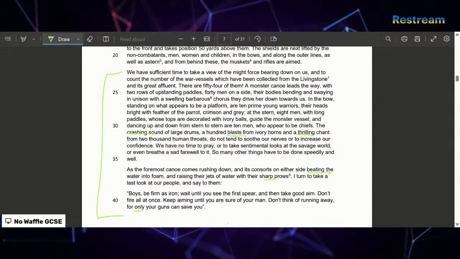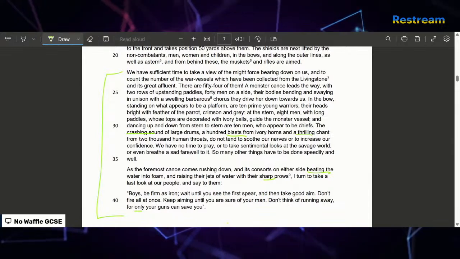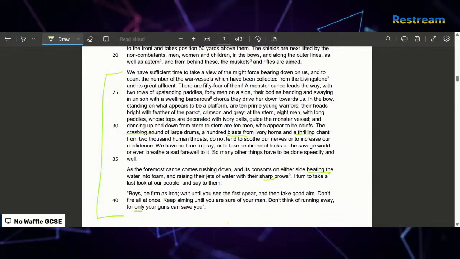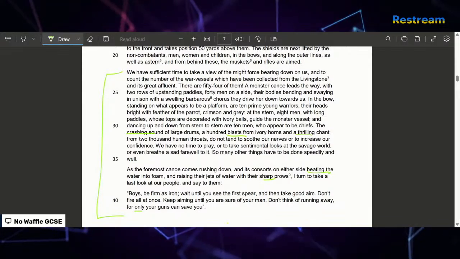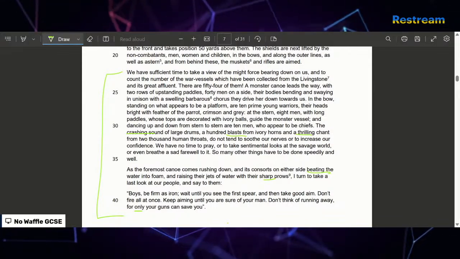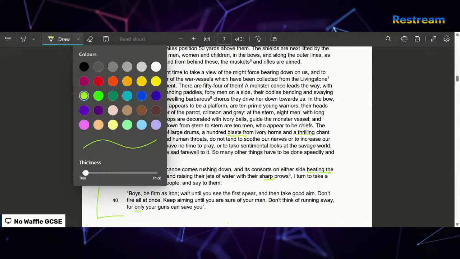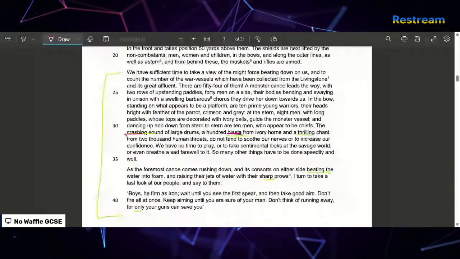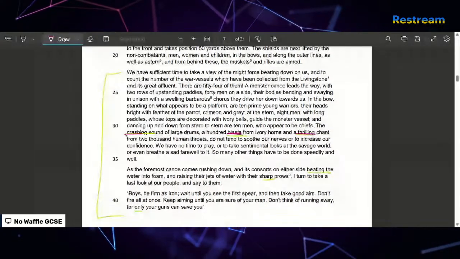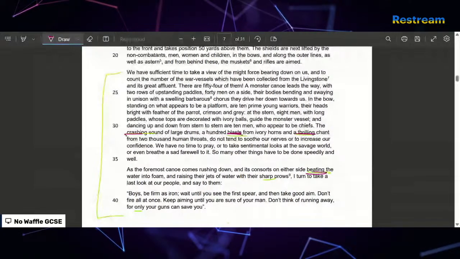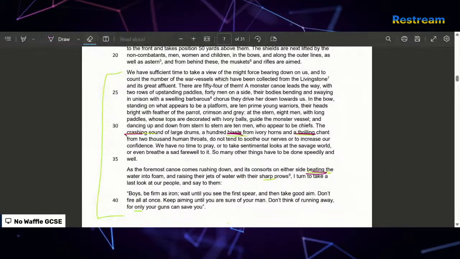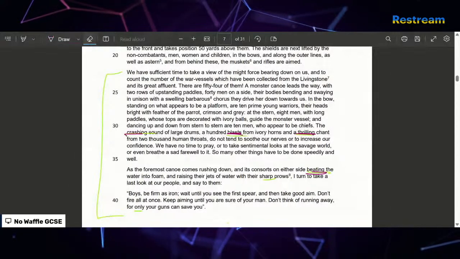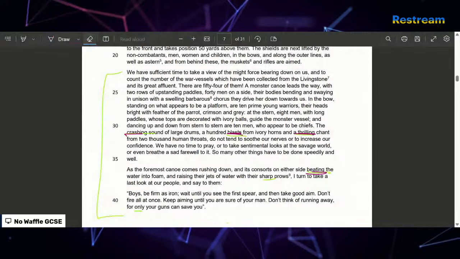So let's talk about some things we can possibly say about this extract. How is language used to talk about threat and intimidation? I have underlined some things in green. I said blasts, thrilling, beating. Now, except for thrilling, all of these are verbs.